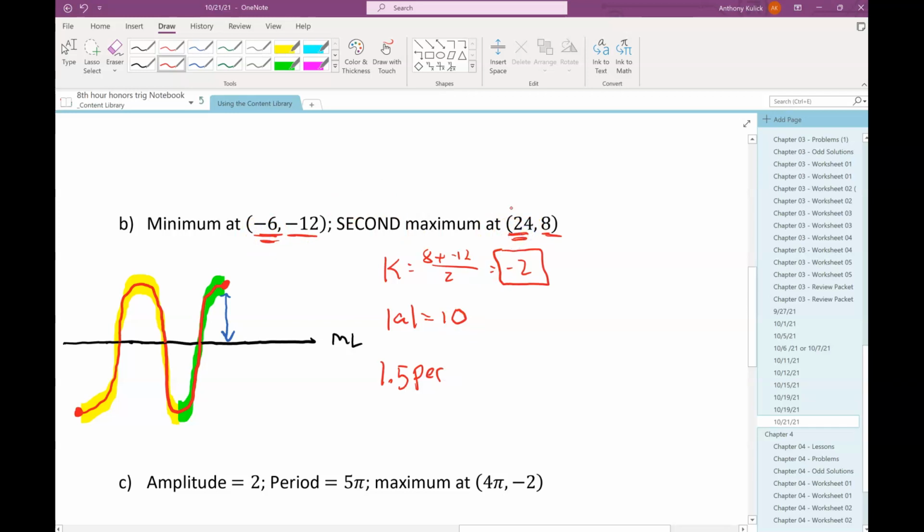So to go from -6 to +24 was how many units? 30. So I have 1.5 periods is 30 units. If I divide both sides by 1.5, I get that 1 period has to be 20 units.